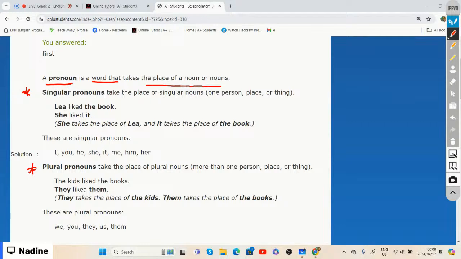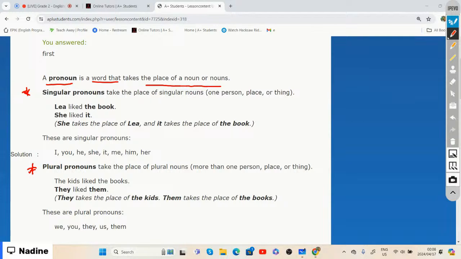We said we have singular pronouns and then we have plural pronouns. Singular pronouns take the place of either one person, one place, or one thing. And a plural pronoun refers to more than one person, place, or thing.